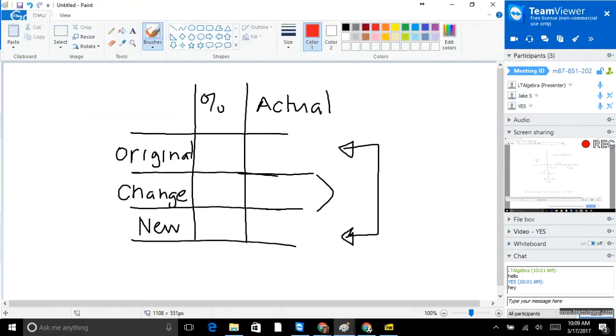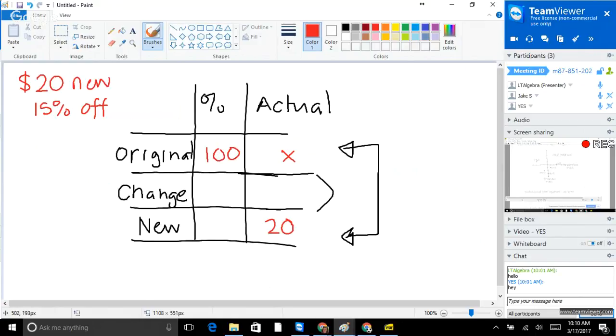For example, if the new price was $20 and that was after it was 15% off. My new actual price is $20. I want to know what the original price is, so that's going to be my X. When I deal with percentages, the original percent is always going to be 100.